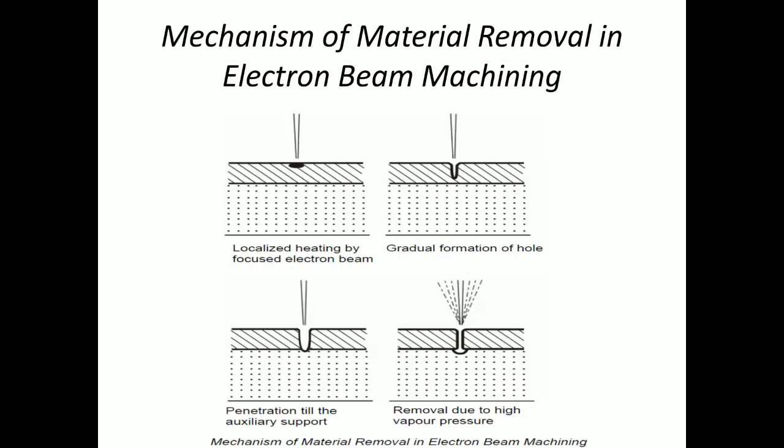So this is the mechanism of material removal in electron beam machining. First, this is the beam, this is the upper surface of the material, and this is localized heating by the focused electron beam. So first the localized heating is occurring. See in the second figure what is happening: there is gradual formation of a hole, the material will melt and vaporize due to the pressure of the lower material.